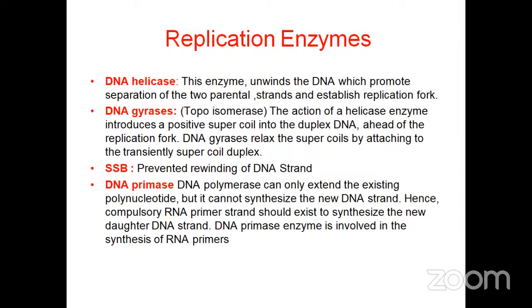Last class we discussed both strands anti-parallel, and each strand is attached with hydrogen bonds and they are supercoiled. So to prepare a new strand, it should remove the hydrogen bonds and it should remove the helix also, right?